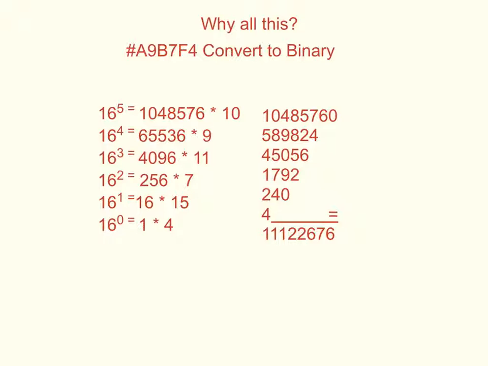And now we're going to take our base 10 number and convert it to binary. So here's our number, 11,122,676. I want you to take a moment with a calculator and see if you can figure out the binary number by yourself. Because remember, all you're going to do is take this number, and I'll do one with you here real quick. You're going to divide it by 2 and get a number.